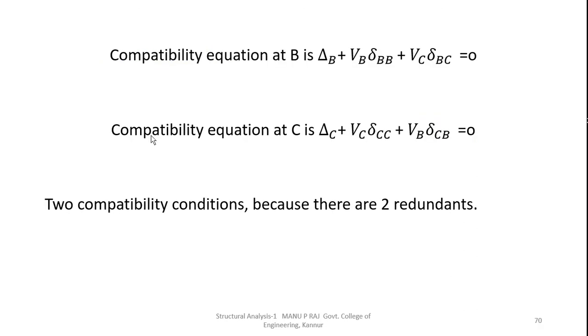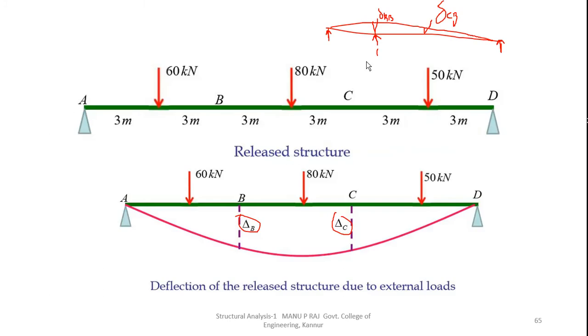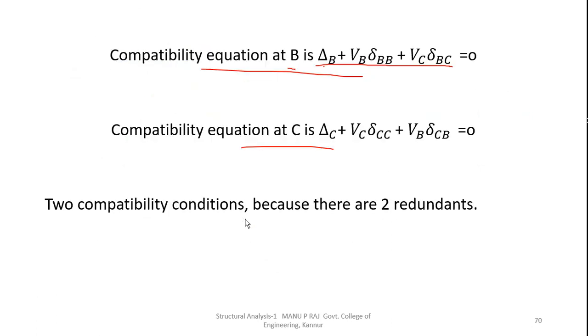Now we will have two compatibility equations because the static indeterminacy is 2. There are two unknown forces, VB and VC, so there are two compatibility equations. The compatibility equation at B is that net deflection at B is 0. That is delta B plus VB into delta BB.